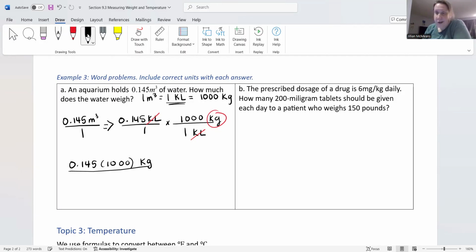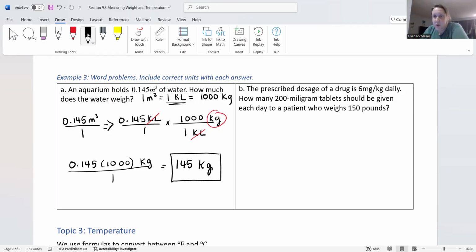And then in my denominator, I just get 1 times 1. So if you can do 0.145 times 1,000 in your head, great. If not, use your calculator, but you should get 145 kilograms. So if we have 0.145 cubic meters, that is the same as 0.145 kiloliters, and that would weigh 145 kilograms. Okay? So be careful with those. Some of those can feel a little tricky.